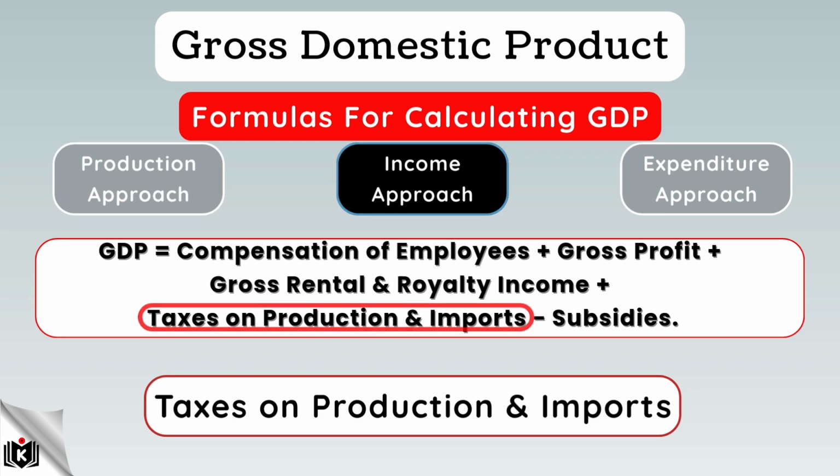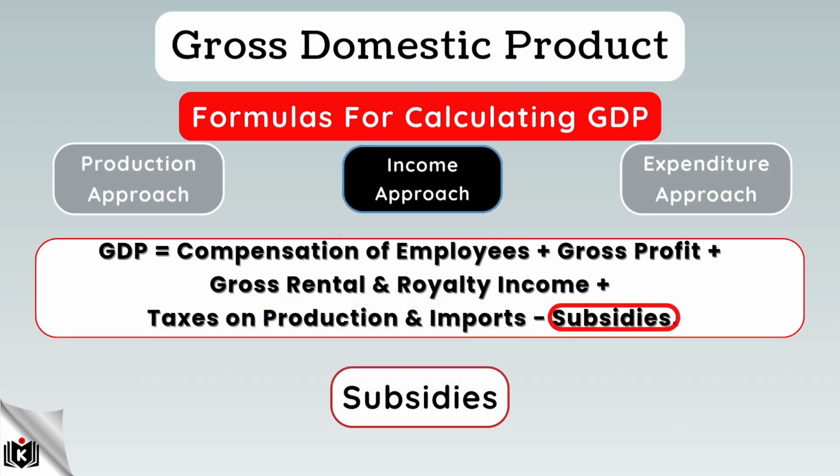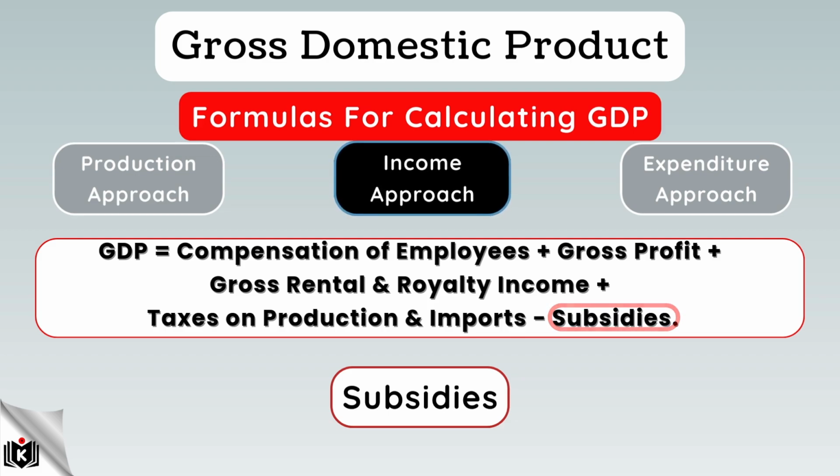These add to the cost structure of production and contribute to government revenue, thereby being part of the overall economic income. Subsidies, which are subtracted, are financial aids provided by the government to support specific industries or consumers. Since they represent assistance rather than income generated through production, they are subtracted from the sum of all other incomes, in order to avoid overestimating GDP.